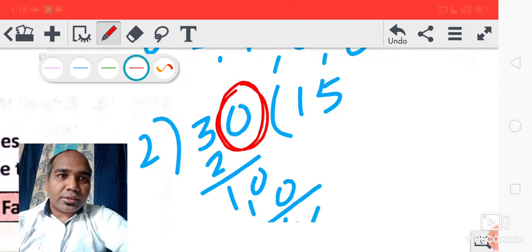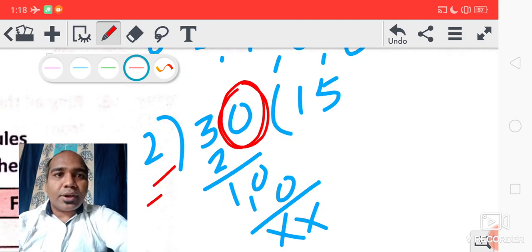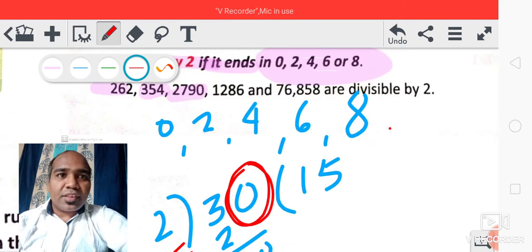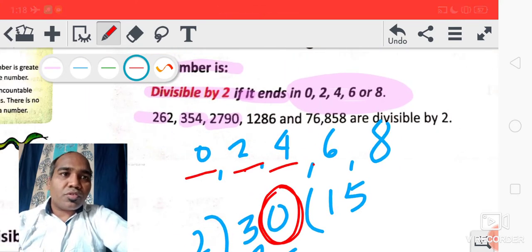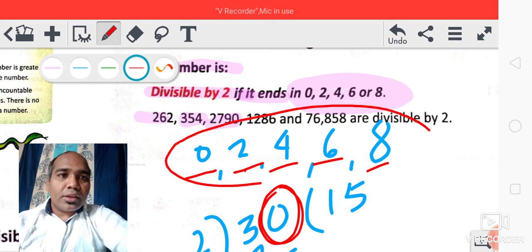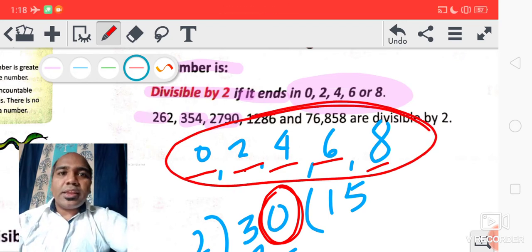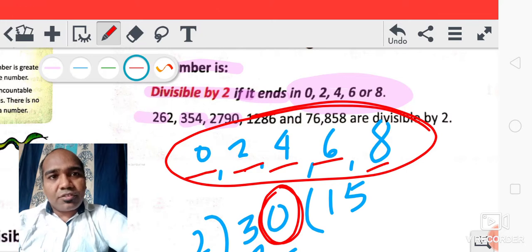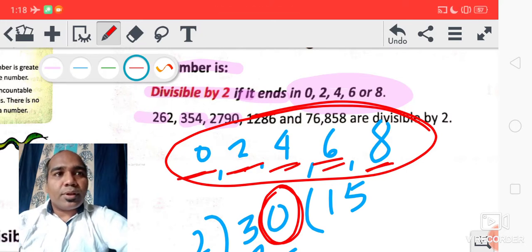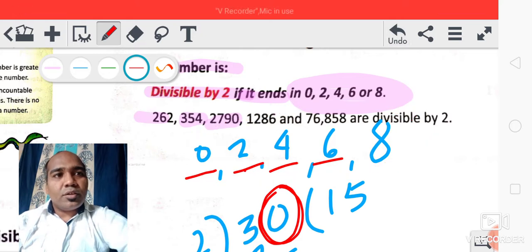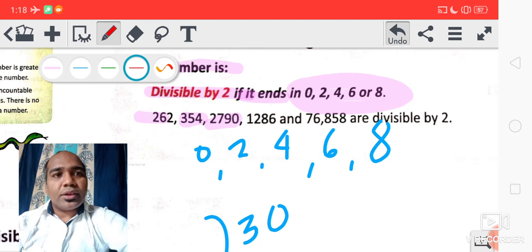So we can see that 3030 is divisible by 2. In the same way, for any big number, if the last digit is 0, 2, 4, 6 or 8, then the whole number will be divisible by 2. Got it?